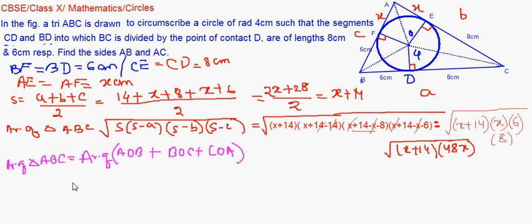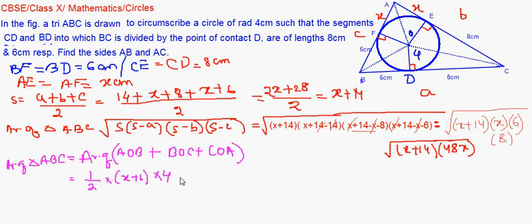So this is equal to area of AOB, which is half, base is AB, which can be written as x plus 6, into altitude, which is OF. OF is the radius, so all of them are 4.